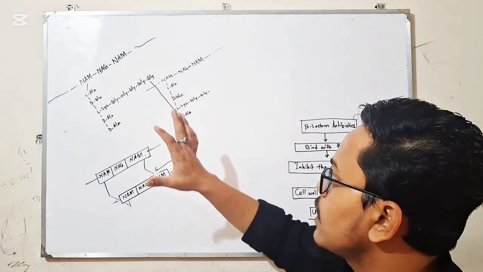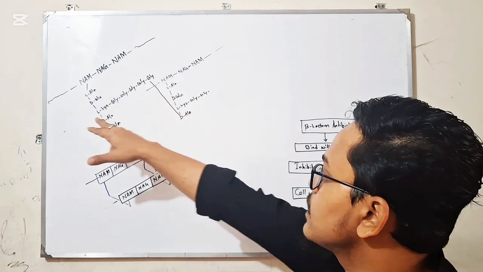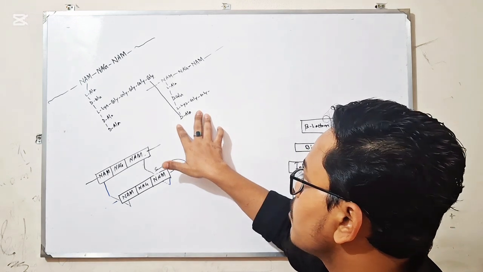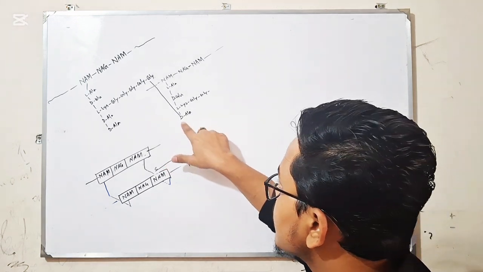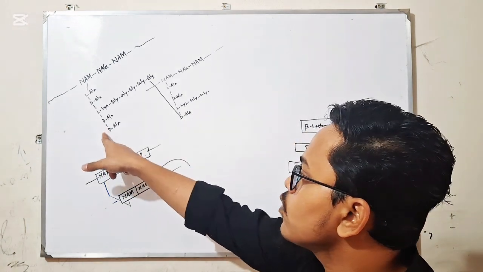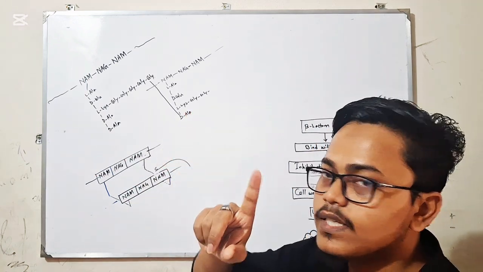As I said before, this structure will be similar. But one of the interesting things is there is no D-alanine here. I mean, in this case there are two D-alanines, but here only one D-alanine.